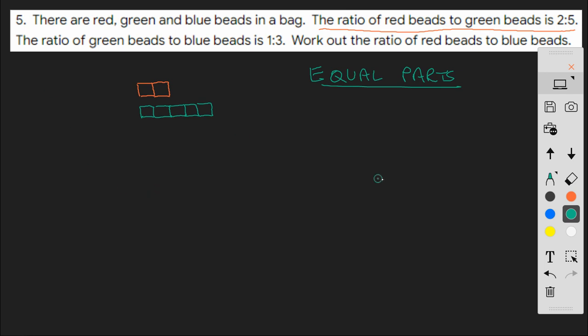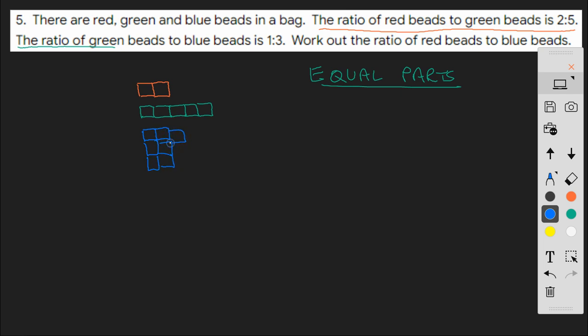And we are then told that in this second sentence here, that the ratio of green to blue is 1:3. So each one of these green parts represents 3 blue parts. So we've got 3 blue parts for every green part.